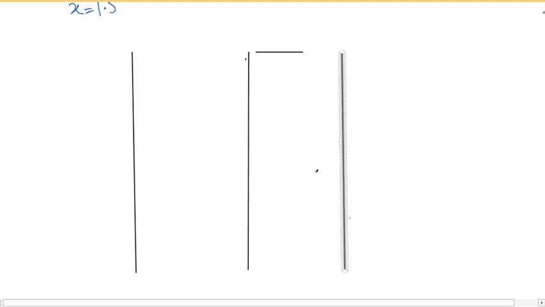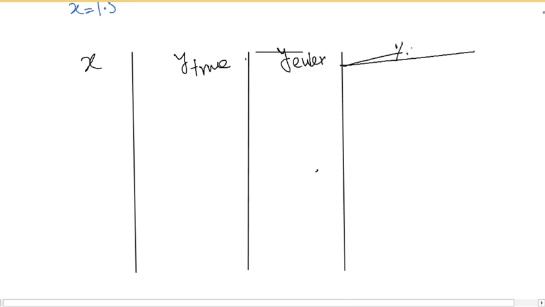This is the y Euler value. x, y true, y Euler, and this is the error, the percent relative error, and for that two divisions, either global or local.